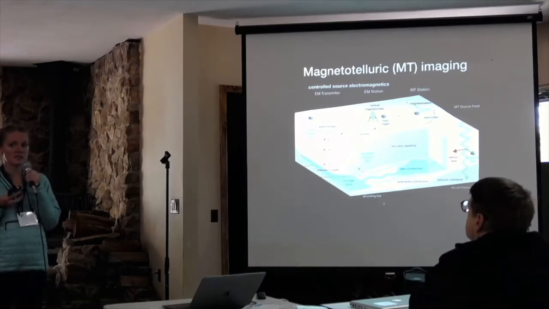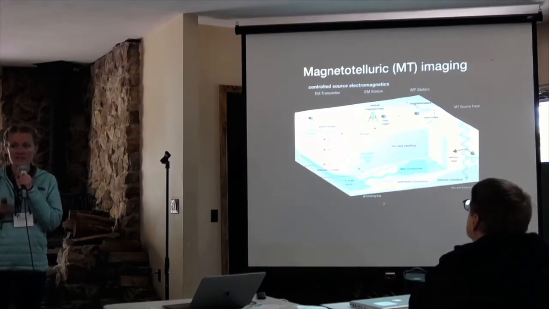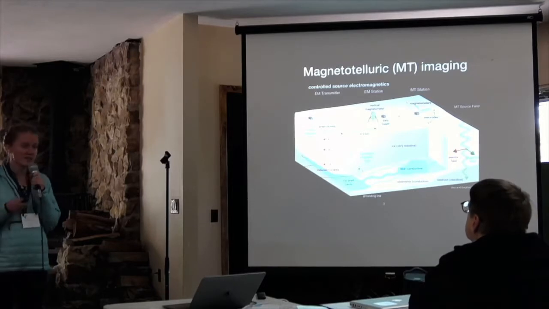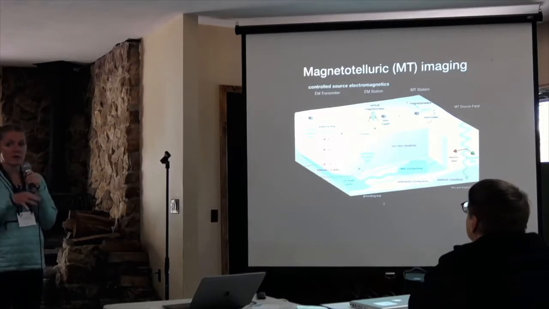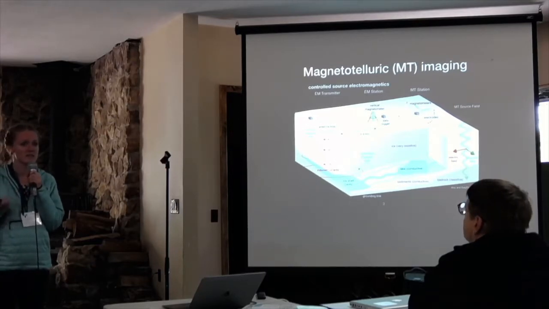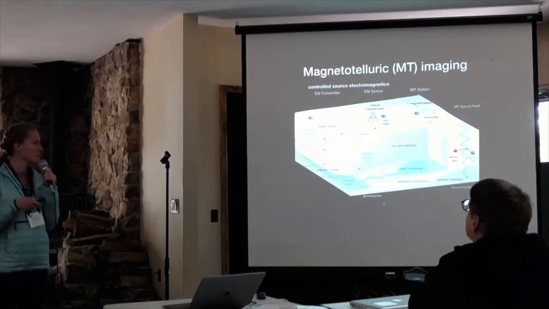So lakes, sediments, and bedrock all have distinct electrical signatures, so that's a good thing for us. And we measure those primary and secondary fields. For those familiar with SkyTEM, this is like SkyTEM on the ground.